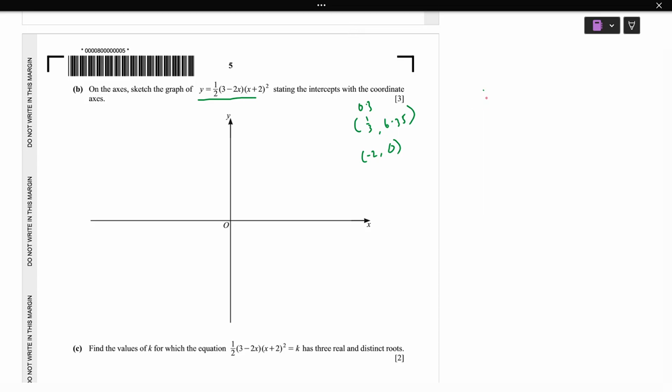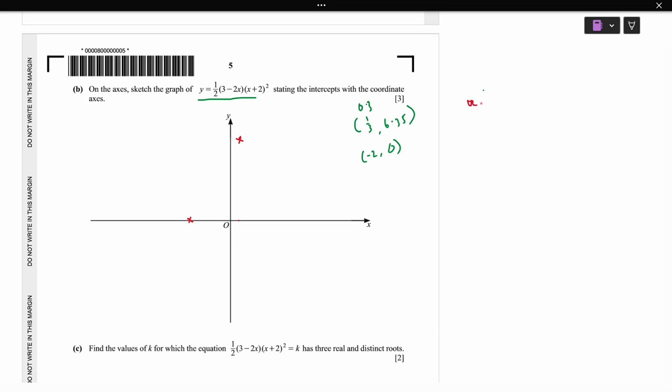Now I need to find the intercept points. So one turning point is going to be 0.3 comma 6.35, approximately here. One point is going to be here. Now another point, negative 2 comma 0, approximately here. Now for the intercept, x equal to 0.